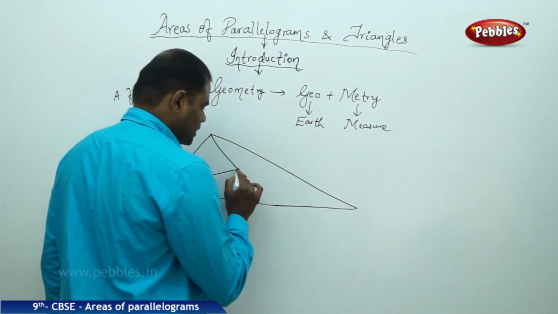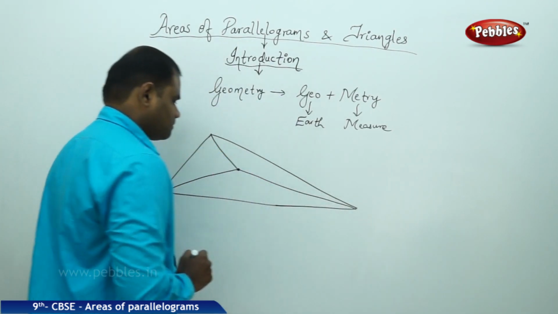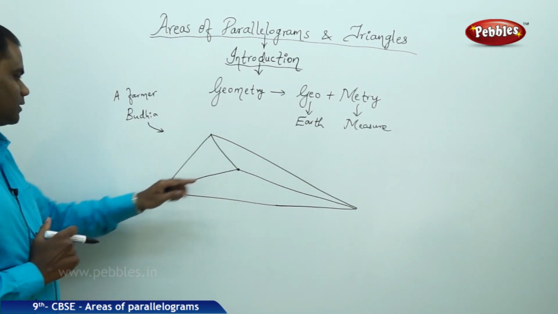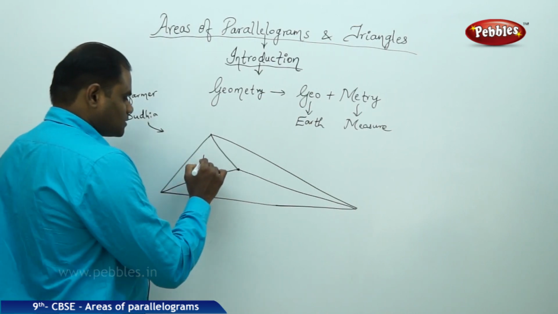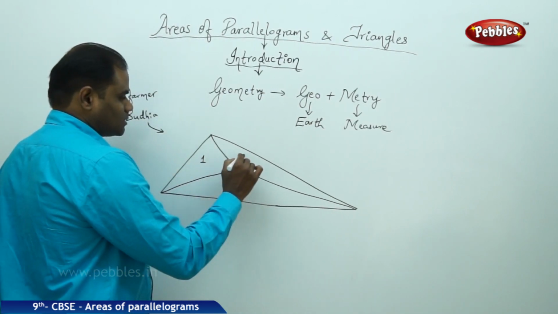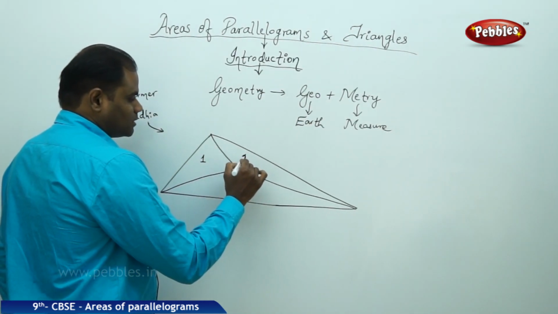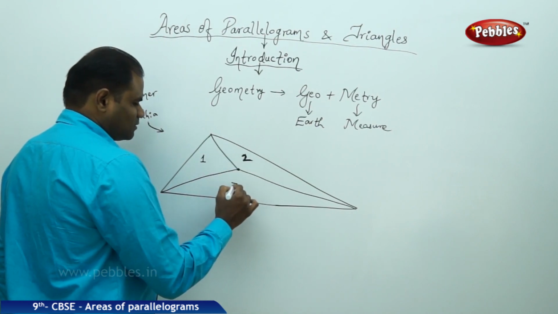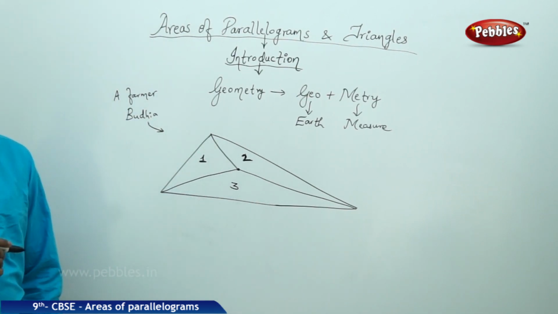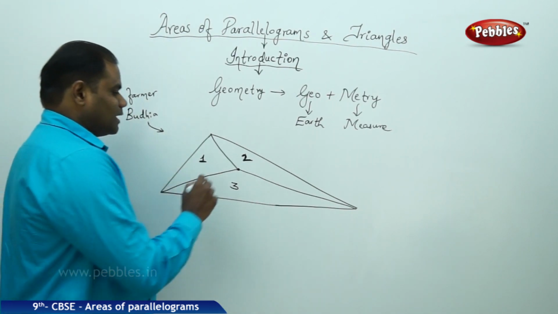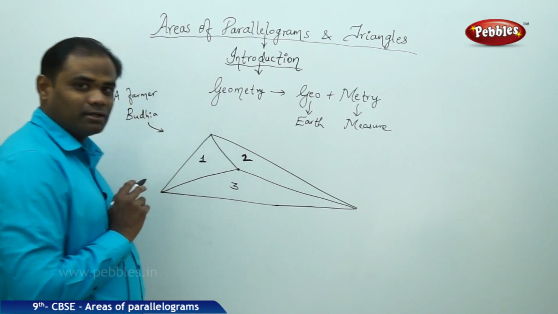Now after cutting his land into three parts in this manner, he wanted to give the first piece to his first son, this piece to his second son, and this piece to his daughter, who is third in number. Now he assumes that these three areas are equal.